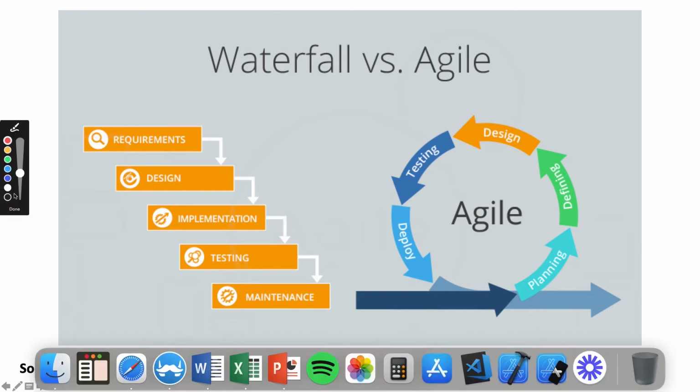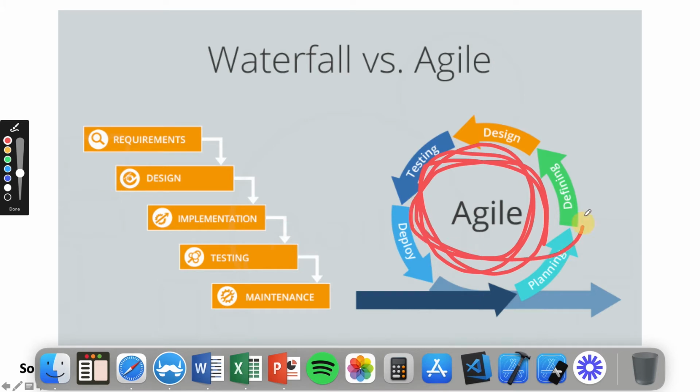On the other hand, agile says, okay, I'll do some basic design, I'll test it, I'll put it on some prototype, and if I made some mistake, I'll do it again, and again, and again, in small steps. So that's why it's iterative.